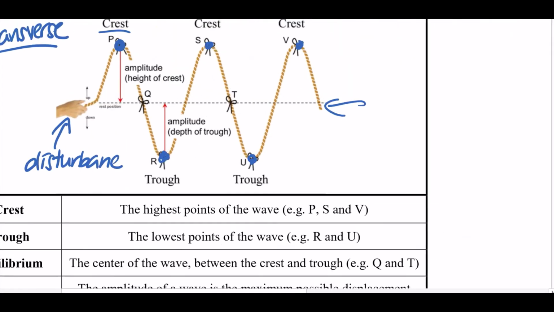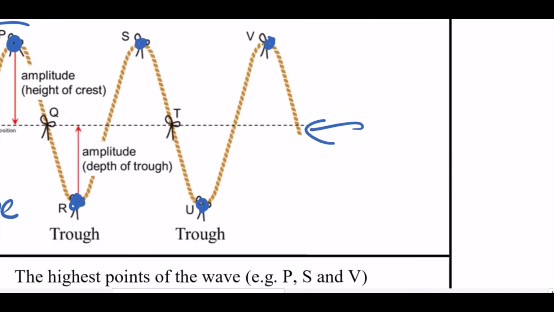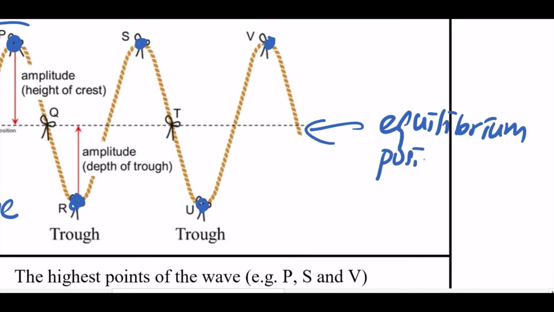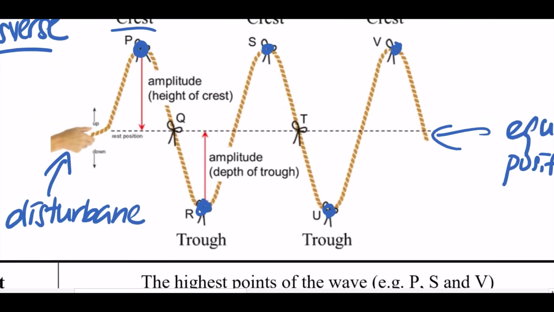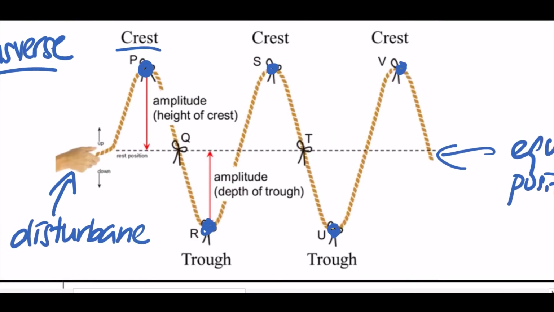This dotted line here represents the equilibrium position, which is the center of the wave. So we have the highest point called the crest, the lowest point called the trough, and the center of the wave is called the equilibrium position.